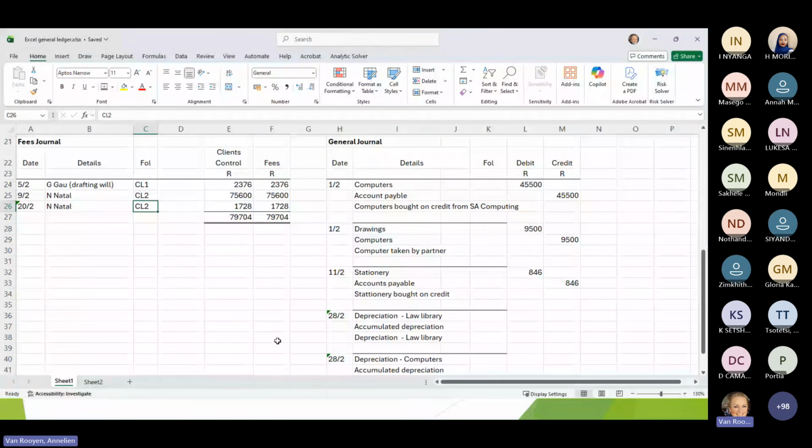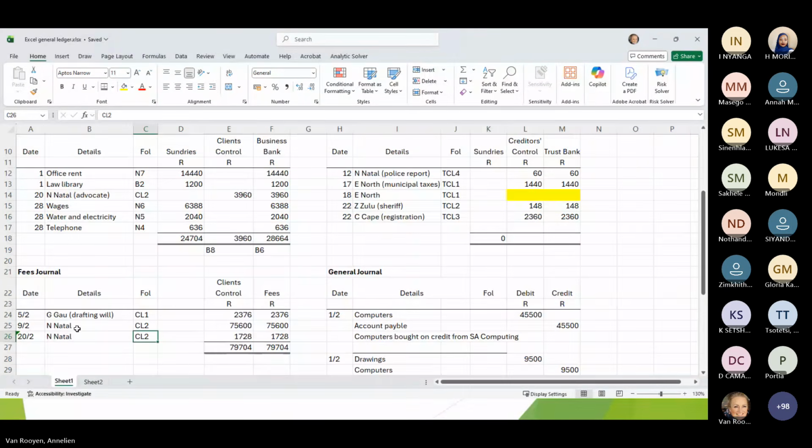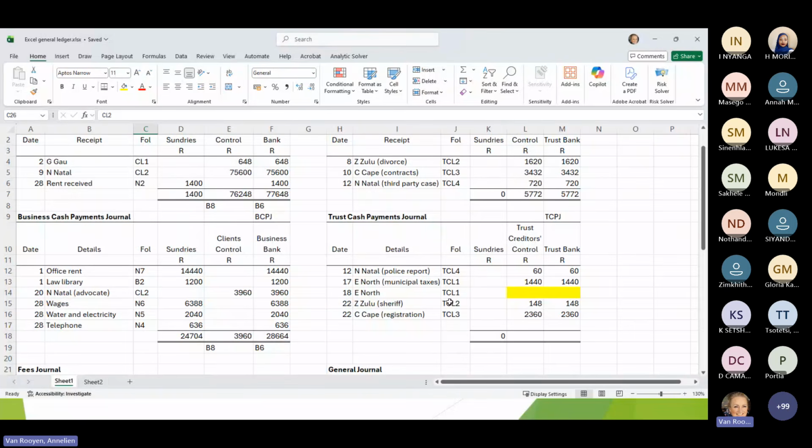The fees journal is for clients. It's not a trust account. Yeah, but this is for the payment side. That is trust controls. So these are trust books. These are business books. Remember, we have two sets of books. So they must be separate.